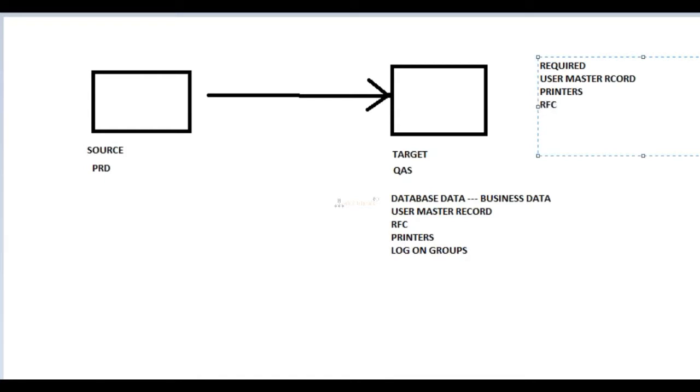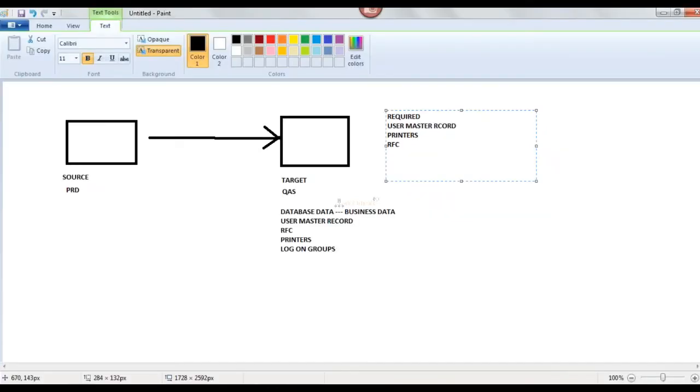And RFCs also I require. Apart from this, I just want to copy my business data. Business data is nothing but database data. Just I require that. Apart from this, I require the old information reverted back after my system refresh, correct?